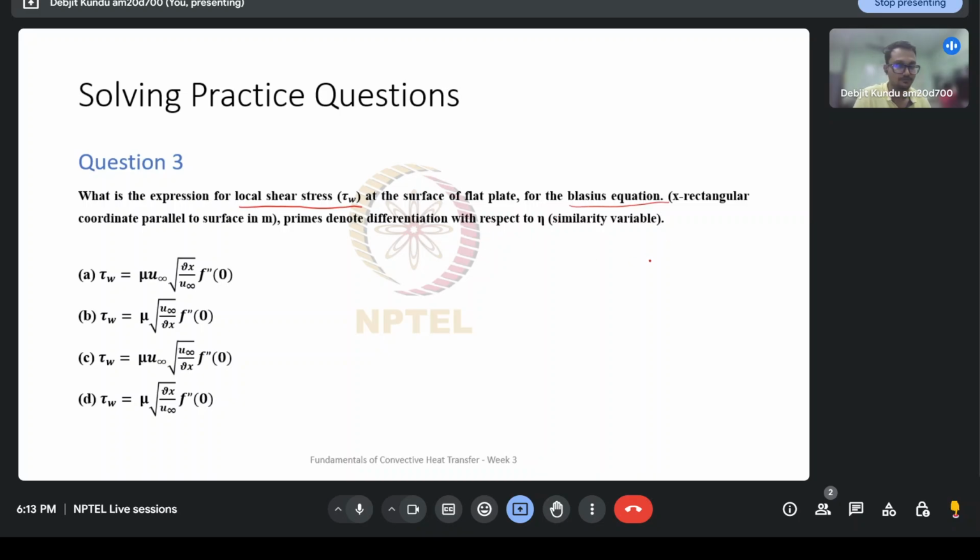So you see these f double primes, that just means f being differentiated with respect to eta twice. I'll just explicitly write this. F double prime simply means d squared f by d eta squared. That's all.